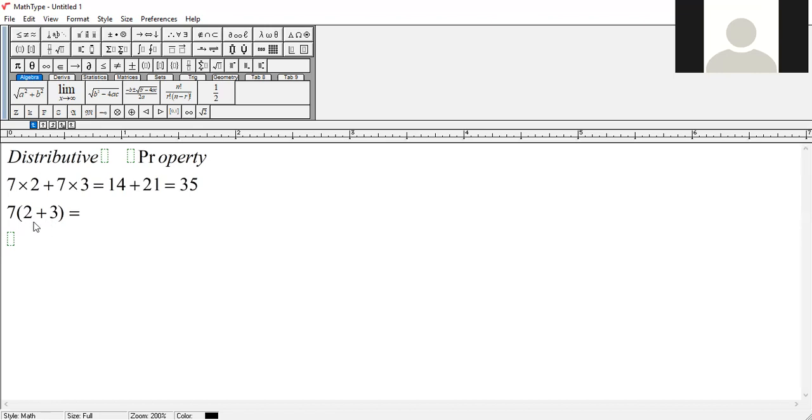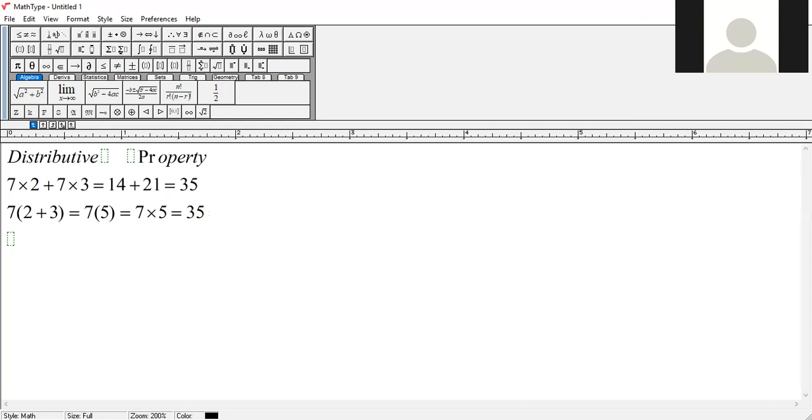When you add what is inside the bracket, what you're going to get is 5. So you can now have 7, then inside the bracket, you have 5, which is the same as 7 times 5. Now, let's write this as 7 times 5, like this. So this will give us 35.